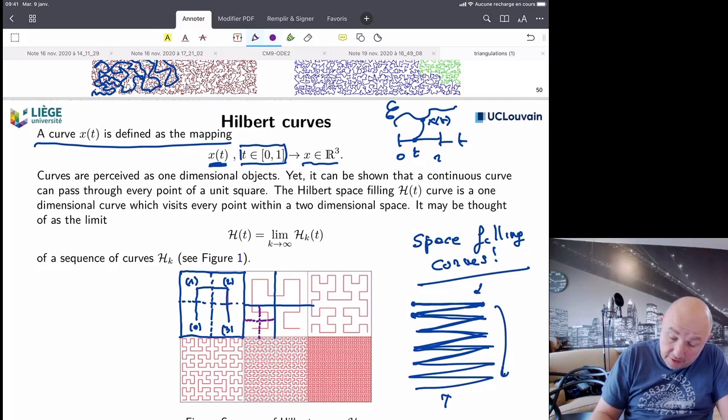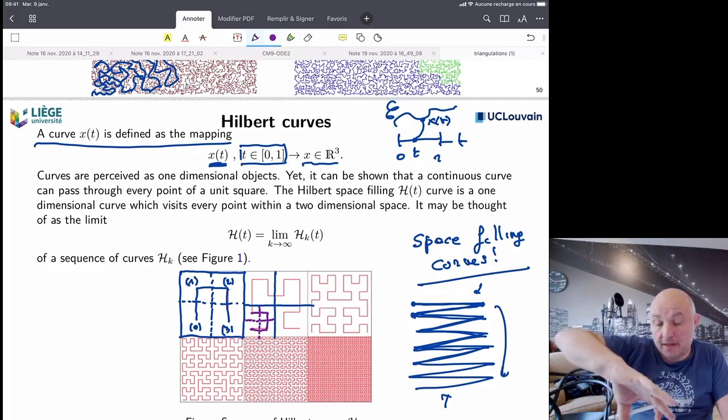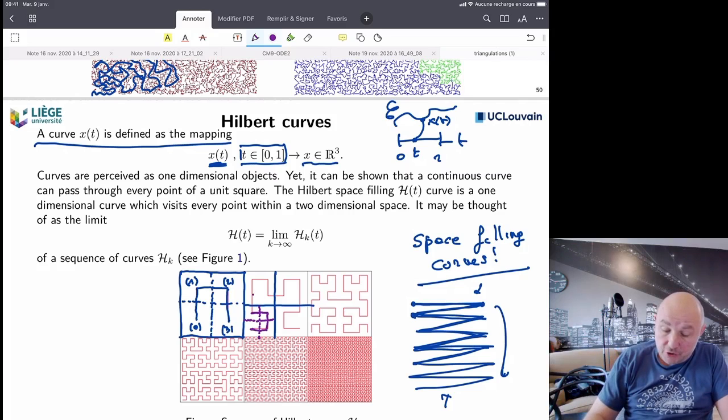So you see here the initial pattern is rotated here by, let's say, minus 90 degrees. Here it's just copied, here it's just copied, and here it's rotated by plus 90 degrees. Okay, so here minus 90 degrees, here plus 90 degrees, and here idem, idem. And we link them together like that.